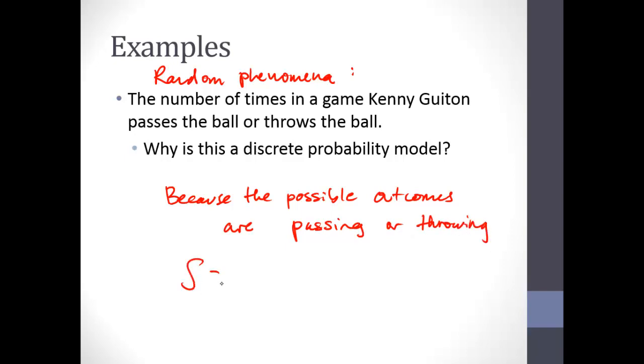My sample space is that on each play he either passes or throws. We're considering each play individually, and the possible outcomes are that he can either pass or throw the ball.